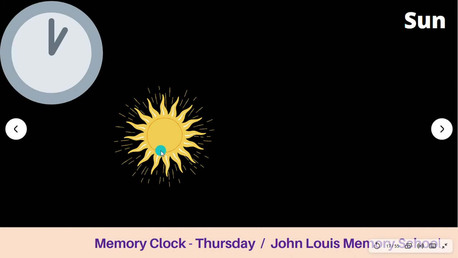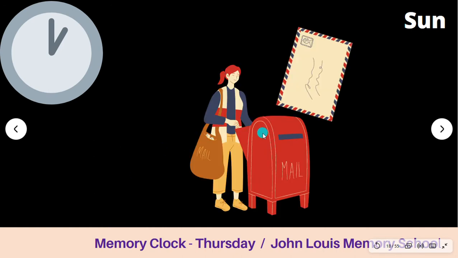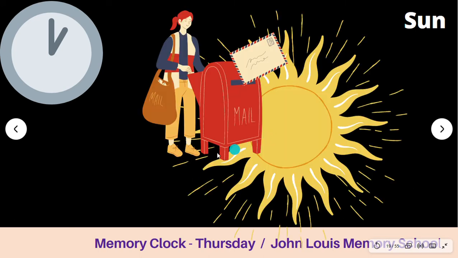So 1 o'clock sun. The thing you have to do is drop a mail. So immediately you visualize as if you are dropping a mail, but at what time you have to drop the mail? At 1 o'clock. So what is the mental picture for 1 o'clock? Sun. Therefore, on the sun there is a mailbox. There you are dropping the mail.